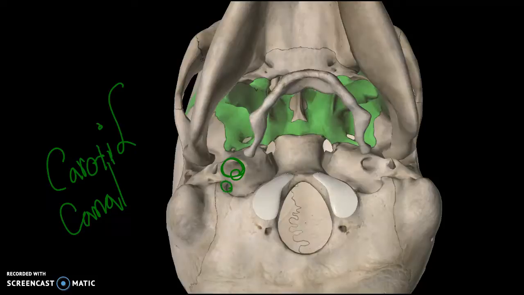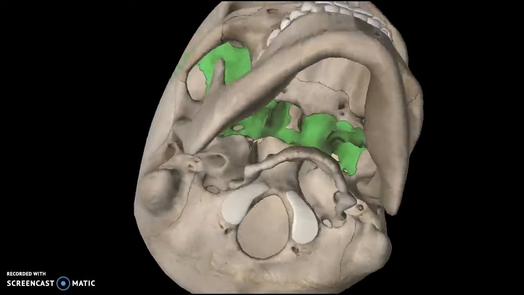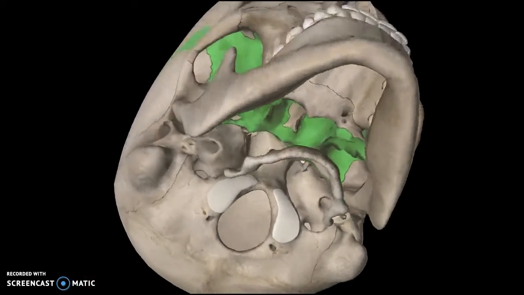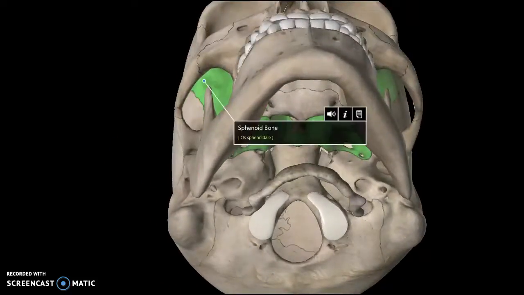And right next to the carotid canal, I'll move the structure in a bit, you see the jugular foramen. So there's another hole there, so that's the jugular foramen. So this big hole here is the carotid canal. The hole next to it is known as the jugular foramen. So let's move the structure a bit. You can see that big hole is the carotid canal, and that's the jugular foramen.